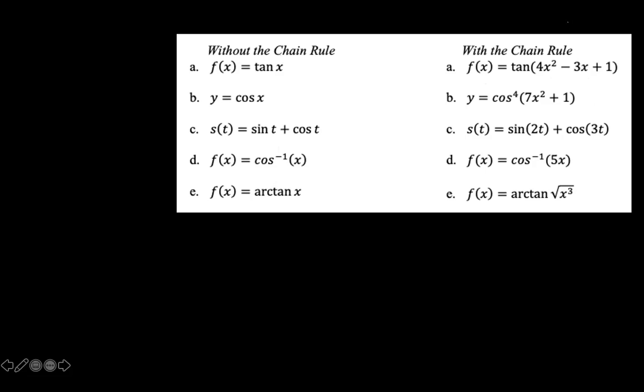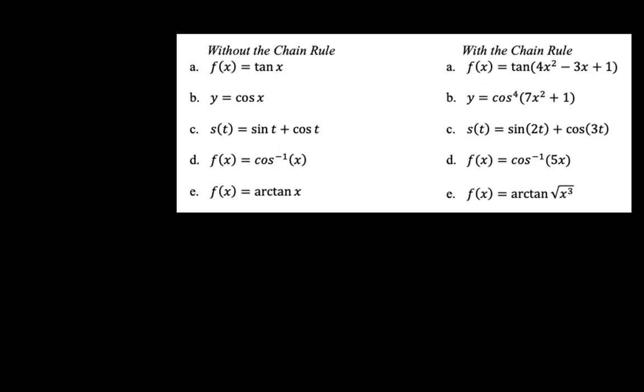But then again, as I mentioned earlier in other parts of the video, even simple functions need the chain rule, but we don't show it anymore because there's no need to show it: the derivative of the variable could just be equal to 1.